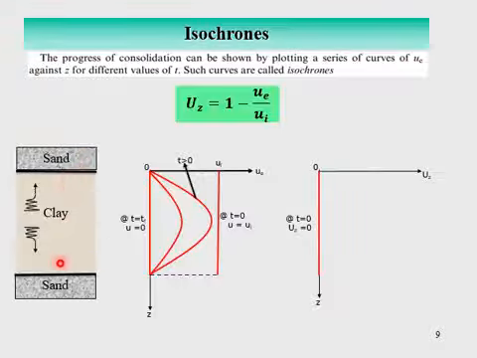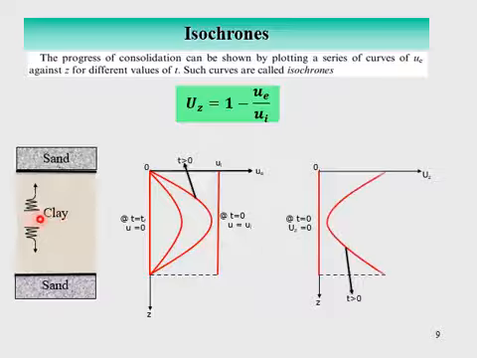But within the body of the clay layer, the degree of consolidation at the center would be the least. So the graph would be like this. At the interfaces, Uz is equal to 100% and at the center Uz is the minimum because at the center the soil element is consolidated the least amount.